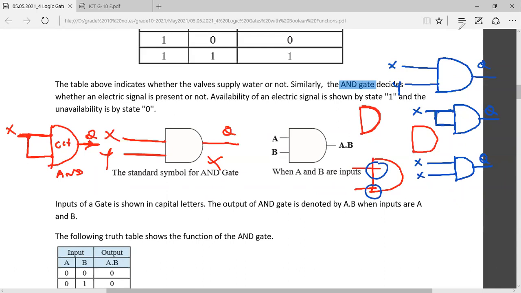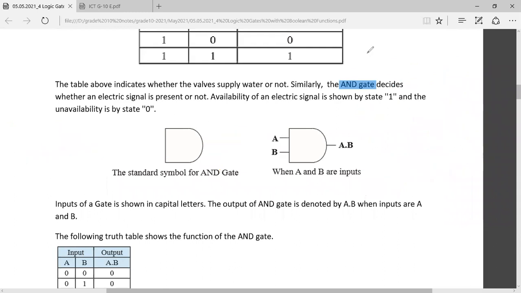Okay. Right. Now I am going to clear this one. Put the heading AND gate. Write AND gate in yours.